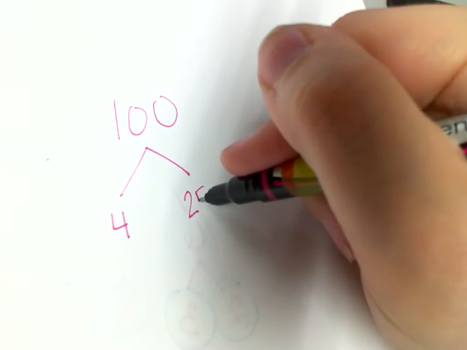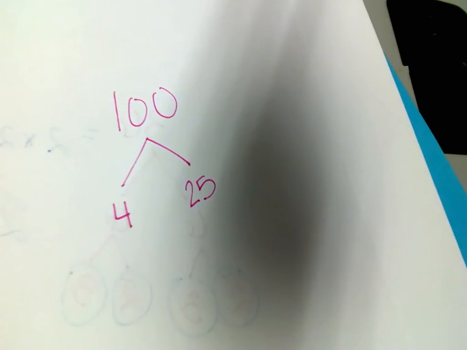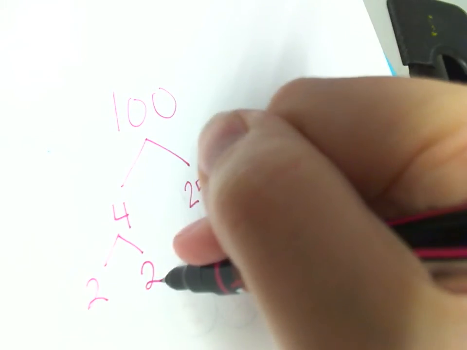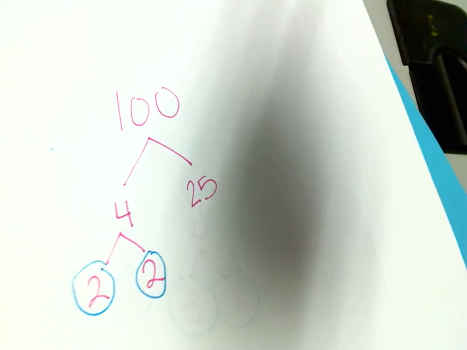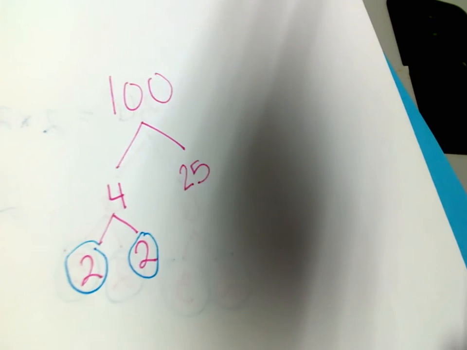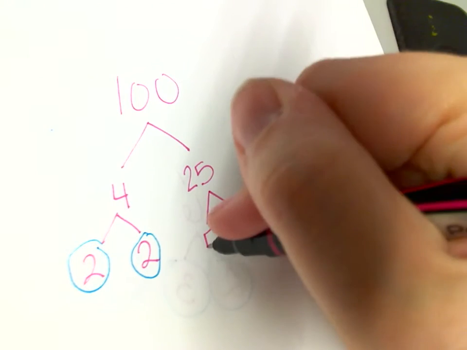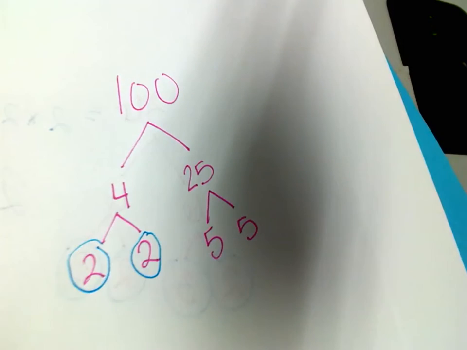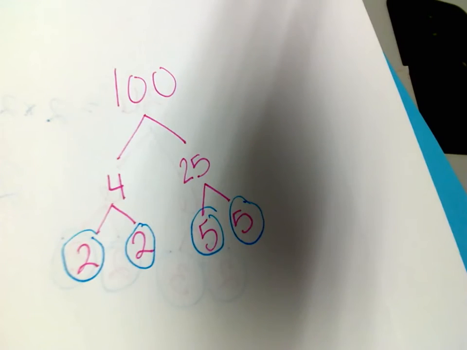Okay, I'm going to do 4 times 25. So 4, I know that I have 2 times 2, and 2 and 2 are both prime, so I'm done with that. And then I know 25 ends in 5, so that means 5 is a factor. 5 times 5, and those are both prime, so I'm done.